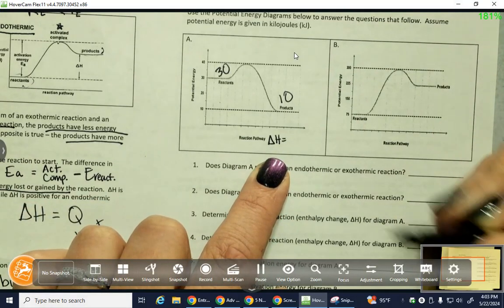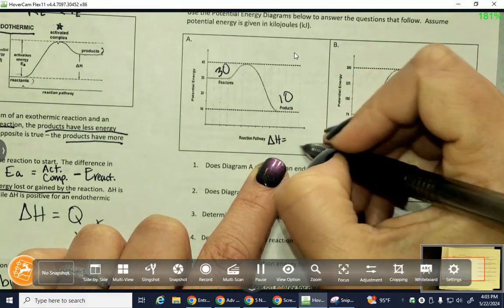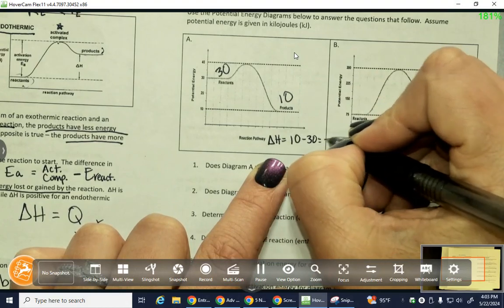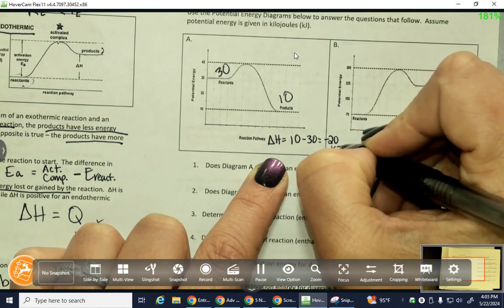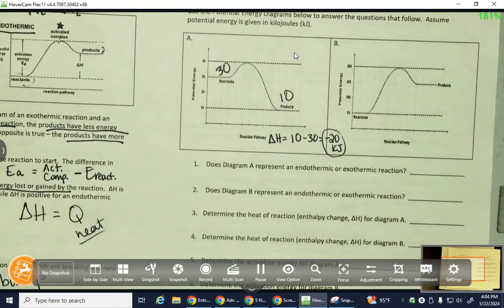Do product minus reactant. Okay, so 10 minus 30 gave me negative 20. That's what I heard you guys say, kilojoules, right? So what does that mean? Is it endo or exothermic? Does it exit or does it enter?